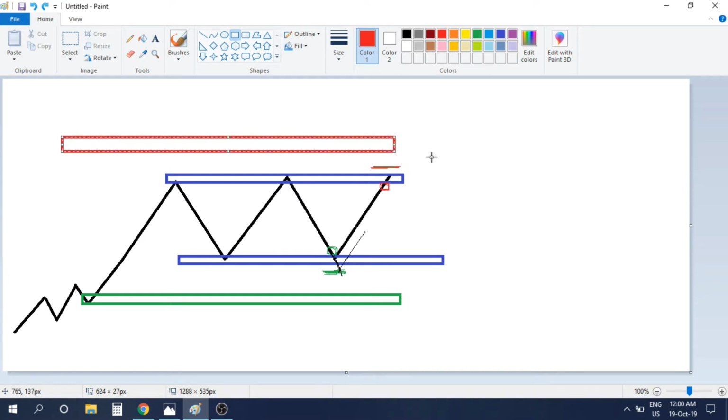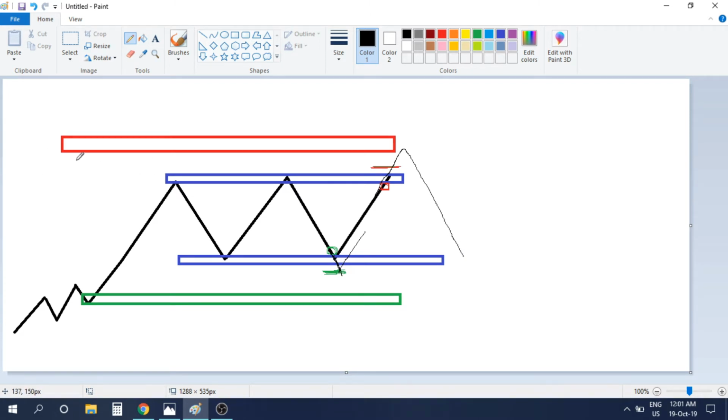Okay. So what price would often tend to do is that it will break the resistance, eat the stop loss orders of all the support resistance traders, and then come back to the supply zone and then drop back.